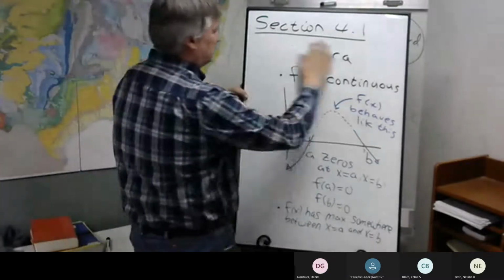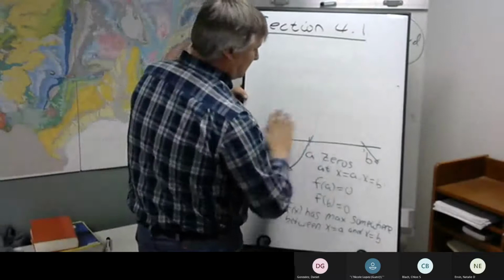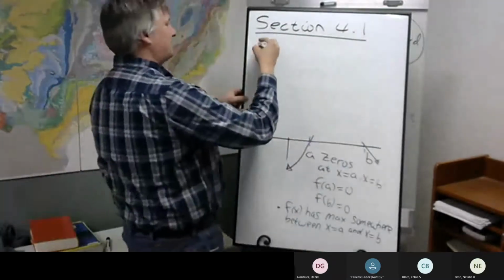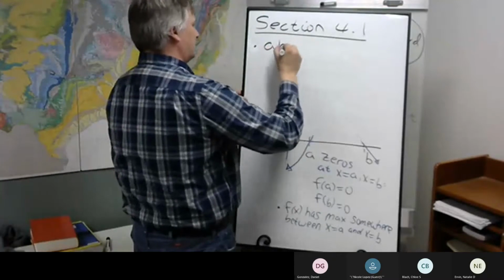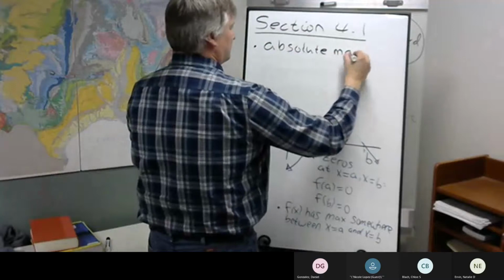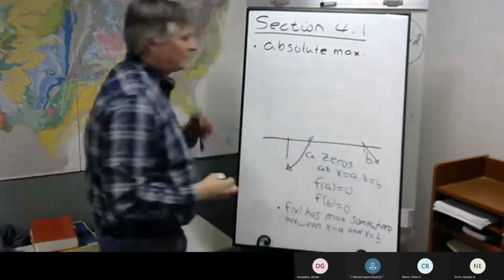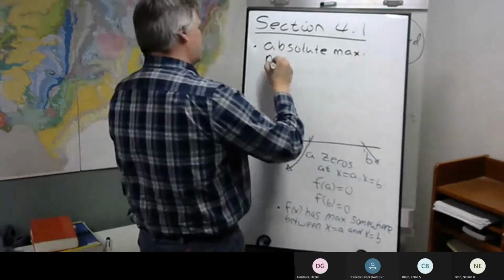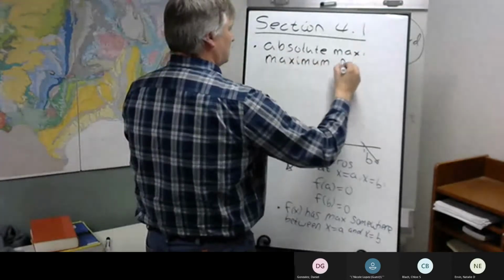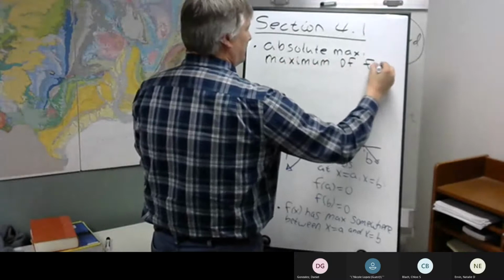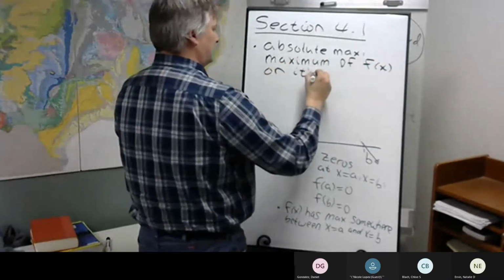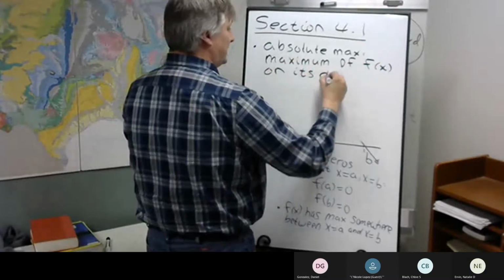So let's recap some ideas from section 4.1. We can have an absolute max, and this is the maximum of f of x on its domain.